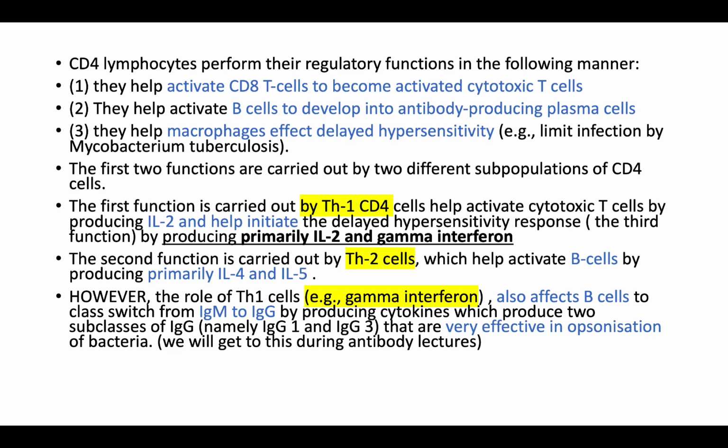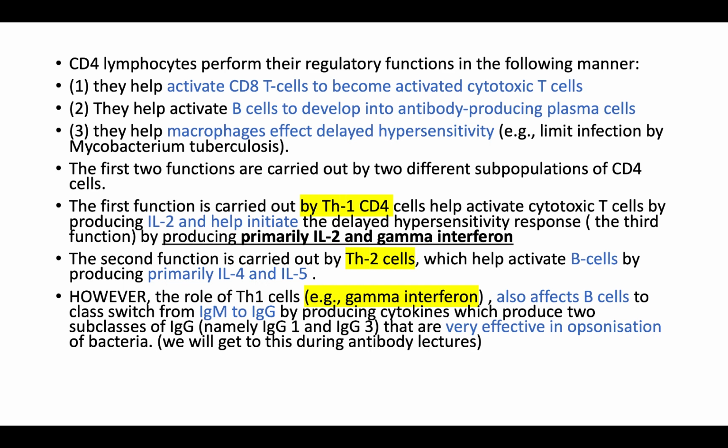هلا the first two functions اللي هي cellular function والhumoral function is carried out by different subpopulations of CD4 cells. إيش يعني؟ يعني في CD4 cells متخصصين في activation of CD8 cells ودائما بيحاولوا ينقلوا الجسم towards a cellular response. هدول they are called th1 CD4 cells, and they help activate cytotoxic T cells زي ما حكينا by producing interleukin-2, the same pathway, and initiate اللي هو delayed hypersensitivity response رح نحكي عنه.